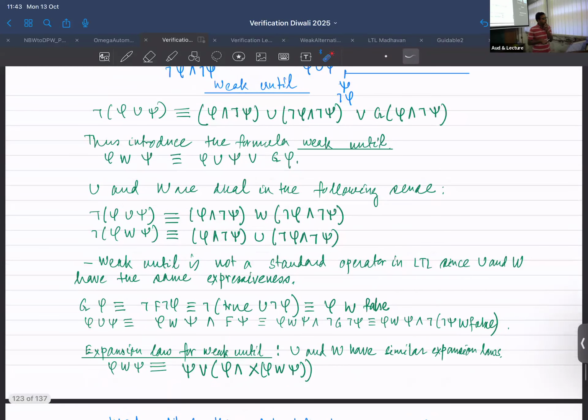then finally we were talking about this weak until property. So what is the difference with the weak until property? In strong until, you say if there is a phi until psi, then psi has to eventually happen. If you talk about weak until, that phi weak until psi, then it's like phi strong until psi, or it can also be the case that psi never really occurs, but then phi has to hold true always, right?